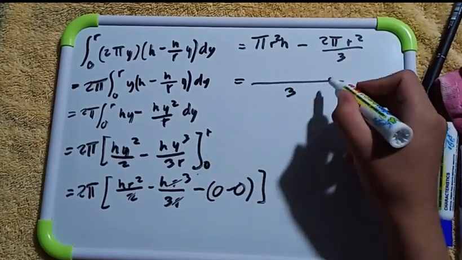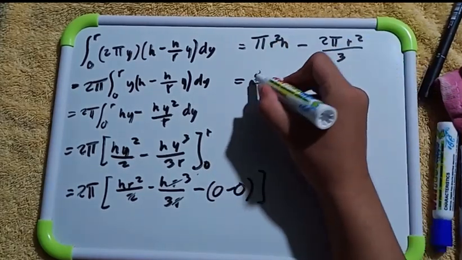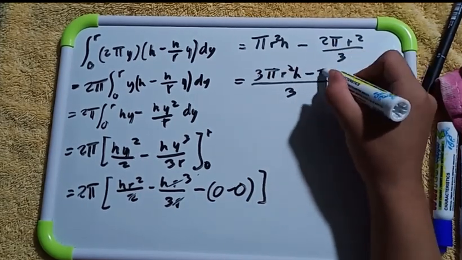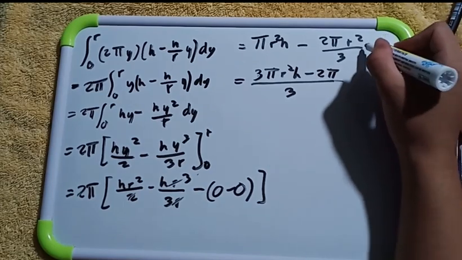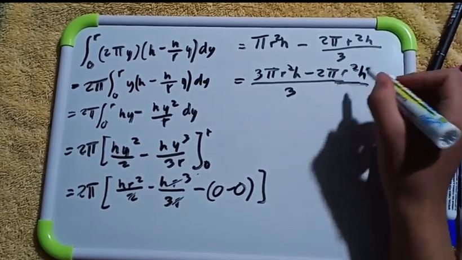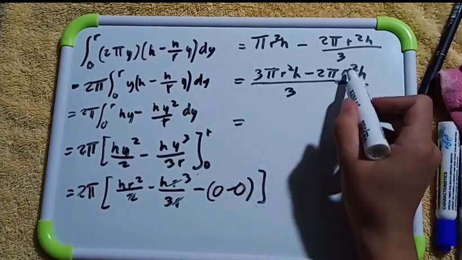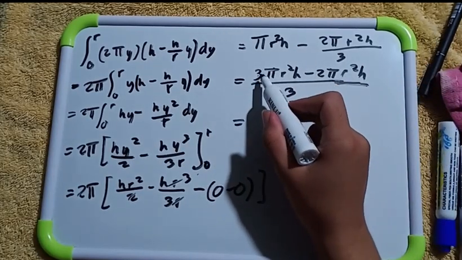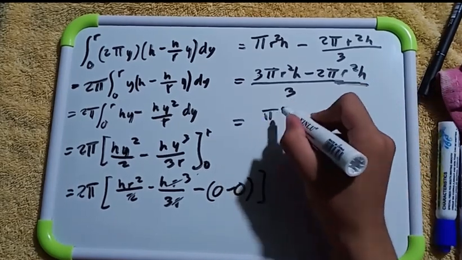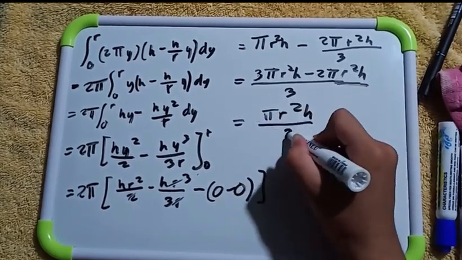So, multiply lang natin si 3 dyan. 3 pi r squared h minus 2 pi, nawala si h, sorry, r squared h. So, parehas lang. So, 3 minus 2, magiging 1 pi r squared h all over 3.